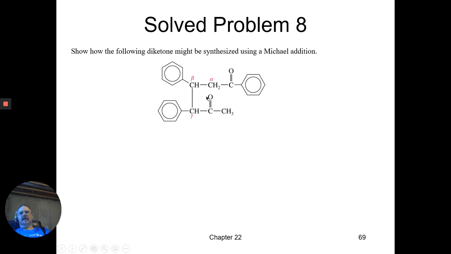Disconnecting, we would have a double bond at this position, and in order to favor attack on the beta carbon, we would want, imagine this is disconnected, we'd want an ester group here.